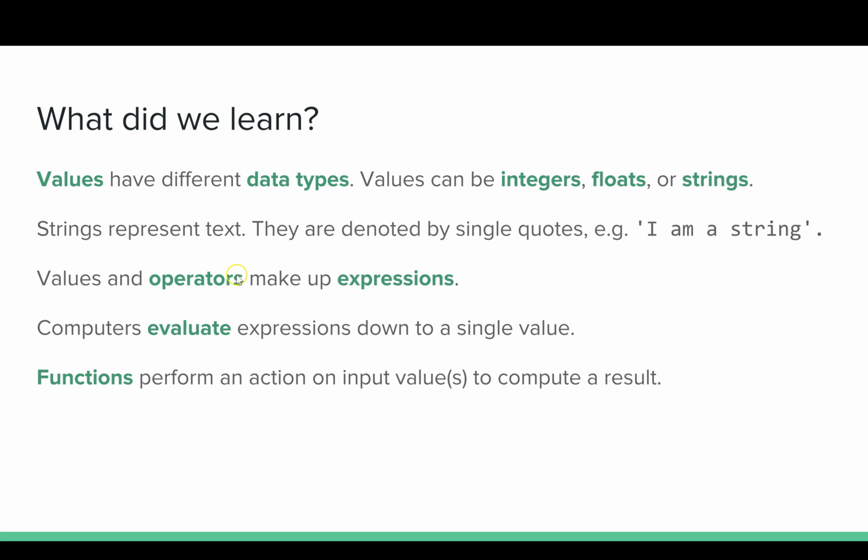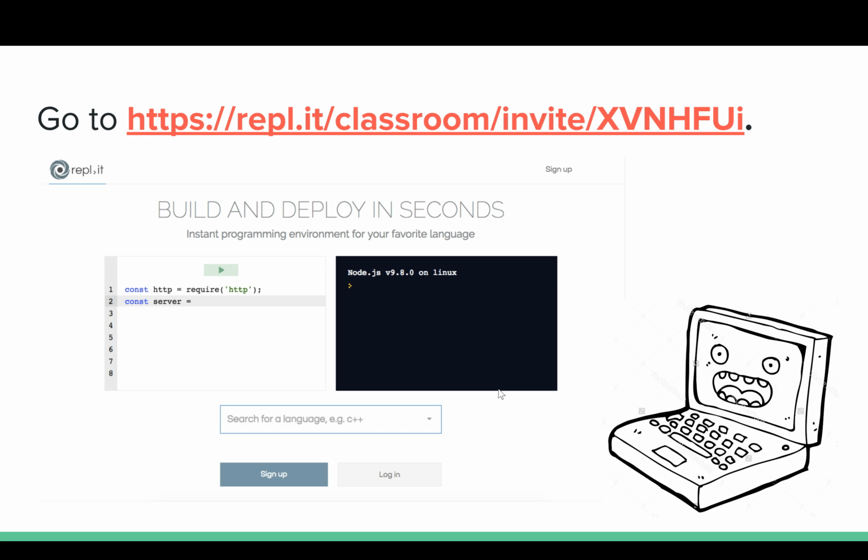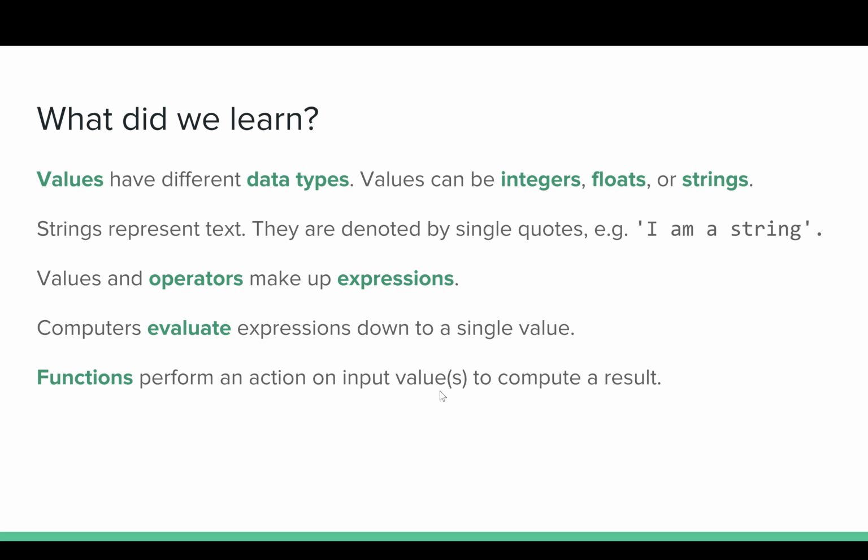Values and operators make up expressions, and computers evaluate these expressions to a single value. We saw a few functions which perform an action on input values to compute a result. And we ran our code in Python. So we'll continue. Thank you.